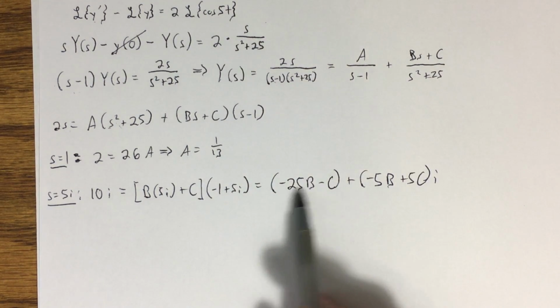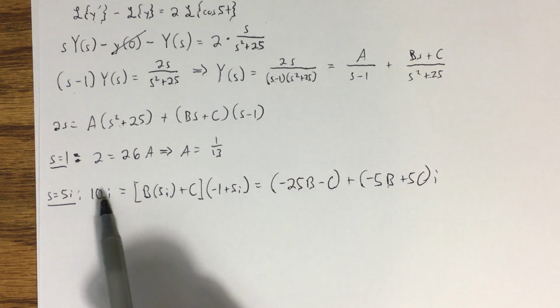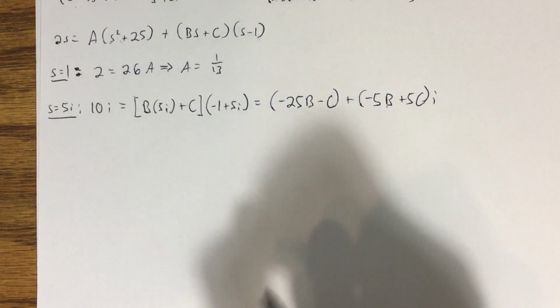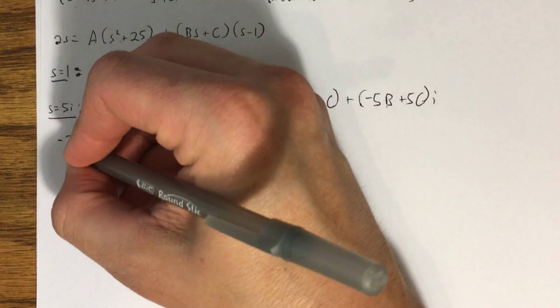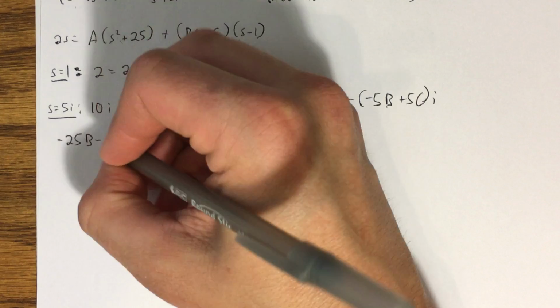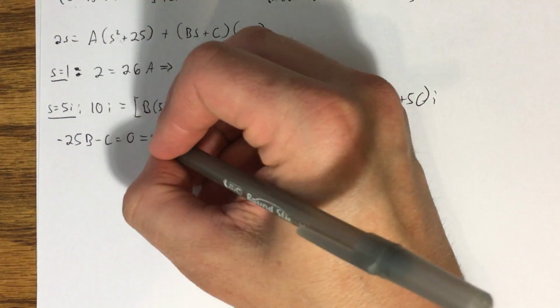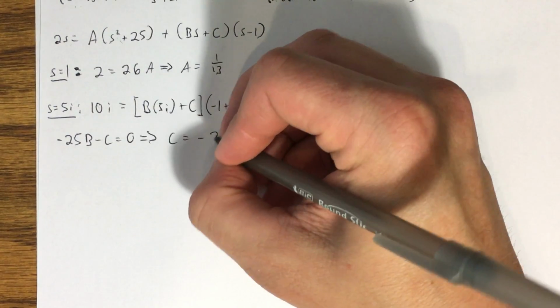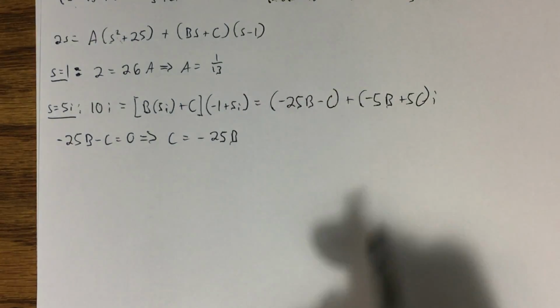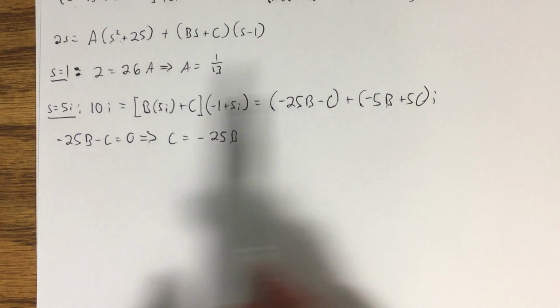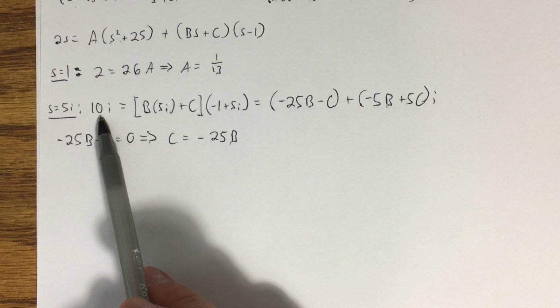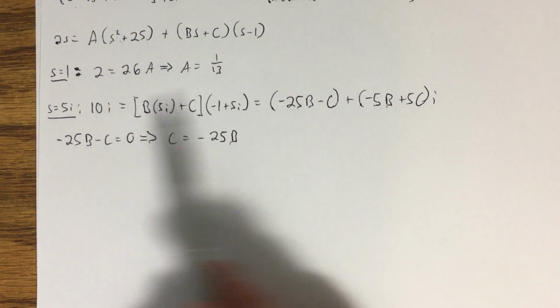The real part should match the real part of this complex number, which is 0. So I set negative 25B minus C equal to 0, and this implies that C equals negative 25B.